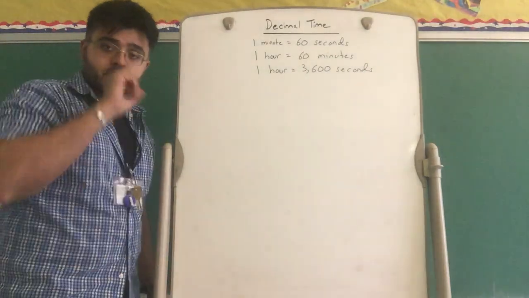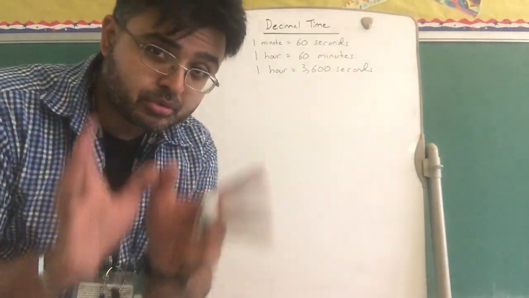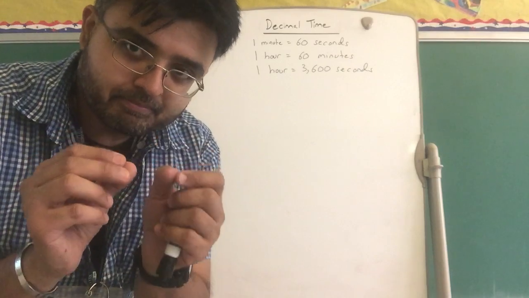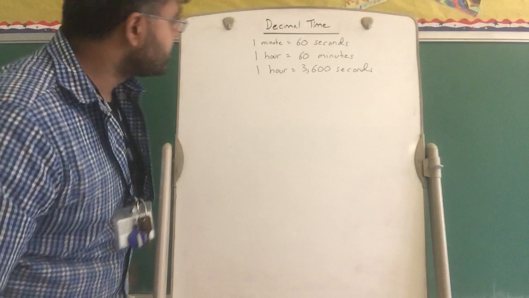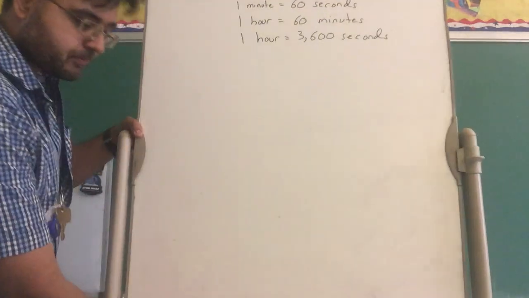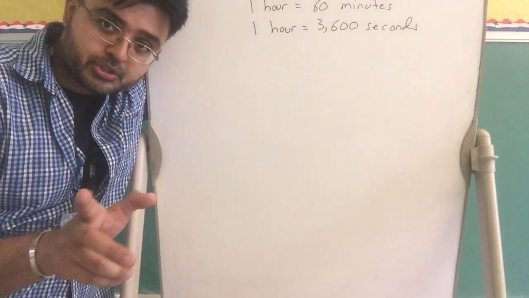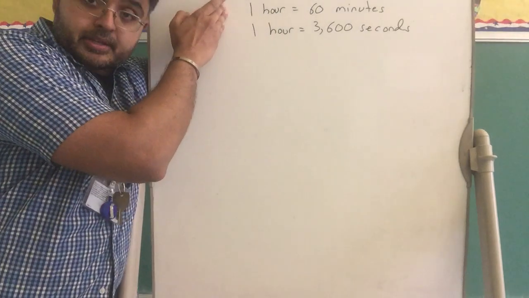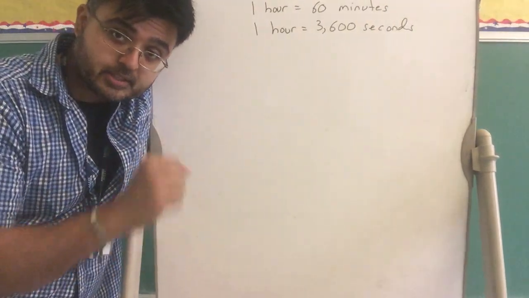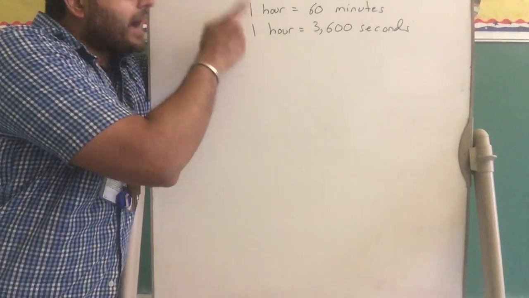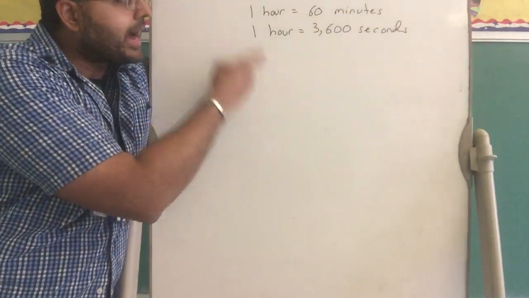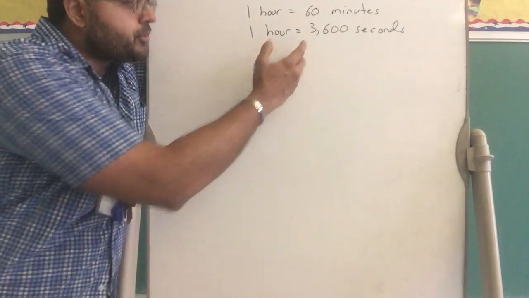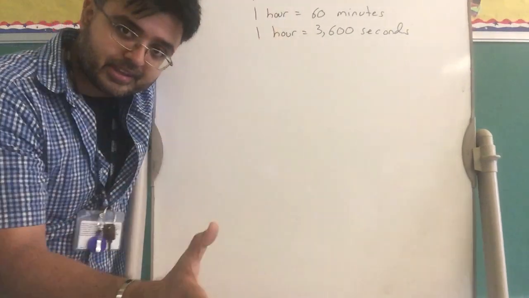First things first, all students have to memorize some basic formulas, some basic general knowledge. As you can see over here, 1 minute is equal to 60 seconds. 1 hour is equal to 60 minutes, and 1 hour is equal to 3,600 seconds.